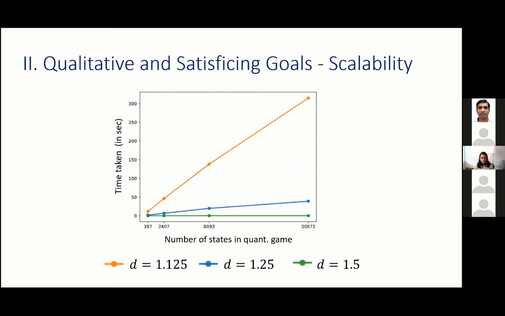But what we also observed is that as the discount factor becomes smaller, the time taken grows rather exponentially. And this is because the comparator construction grows significantly as the discount factor becomes smaller in the case of approximate comparators.